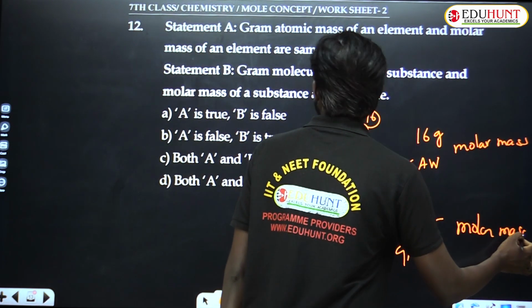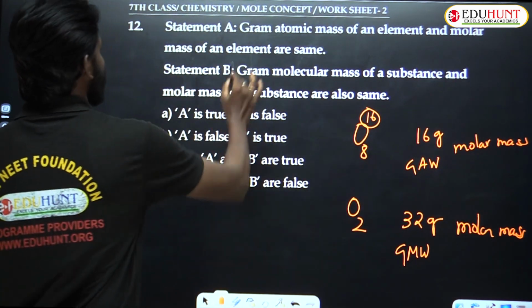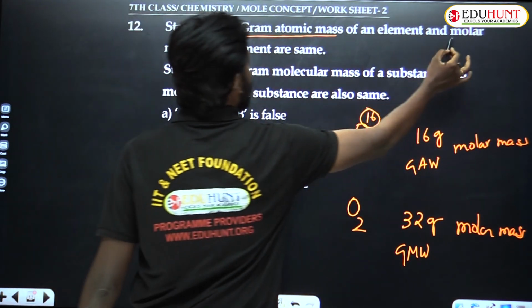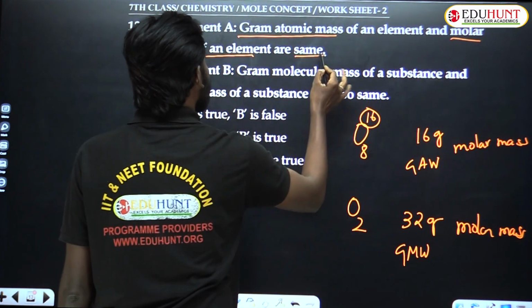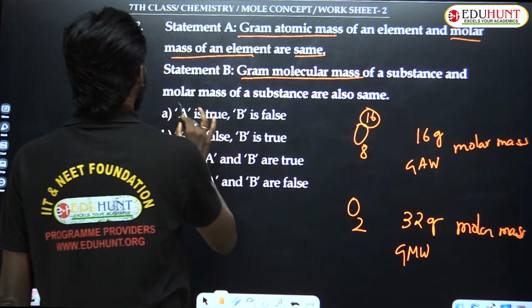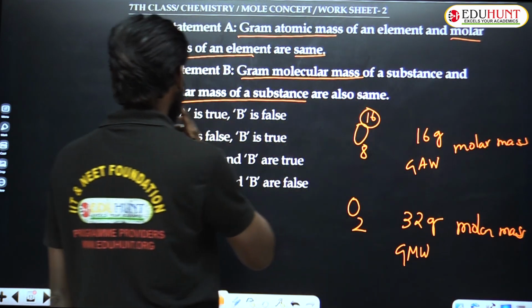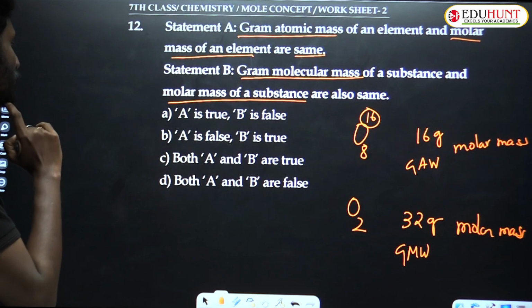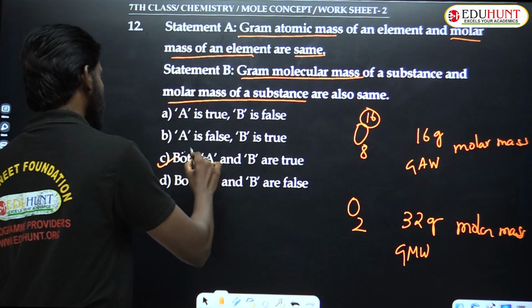So gram atomic mass of element and molar mass of element are same. Gram molecular mass of substance and molar mass of substance are same. Both are correct. Both A and B are true.